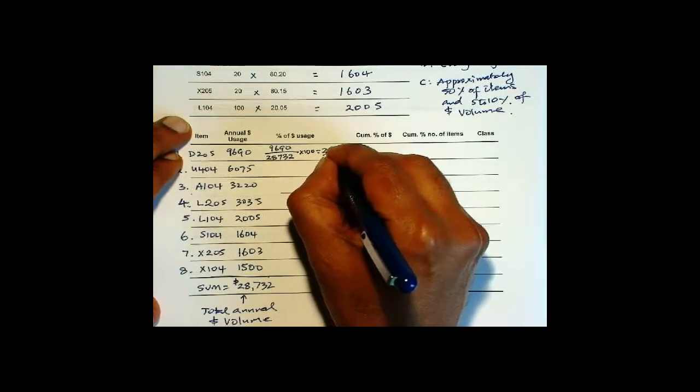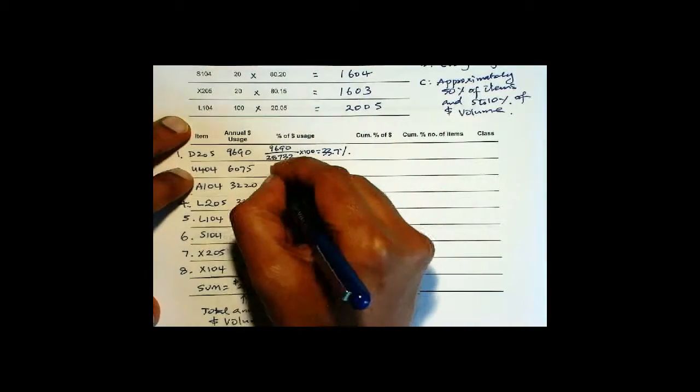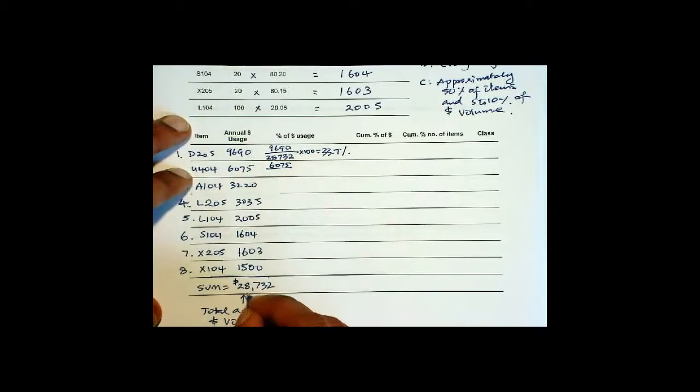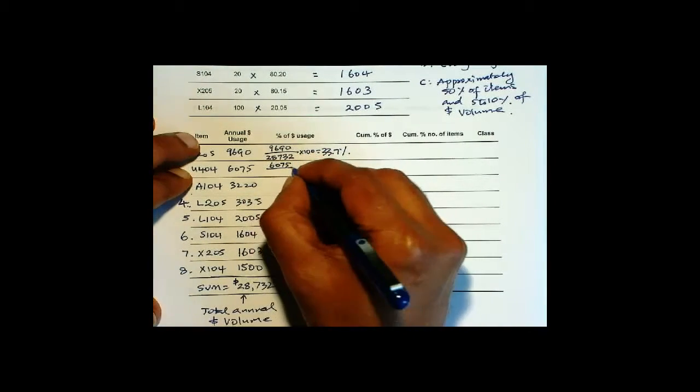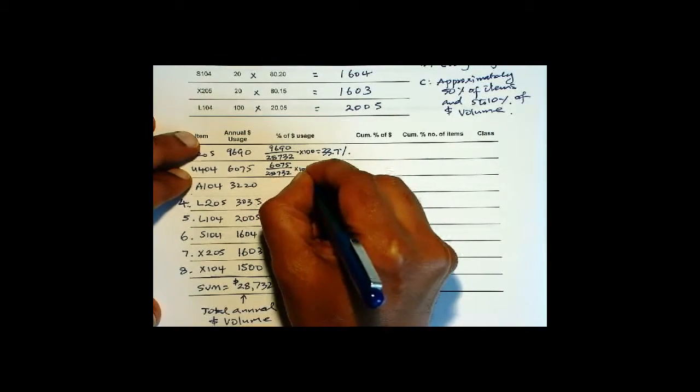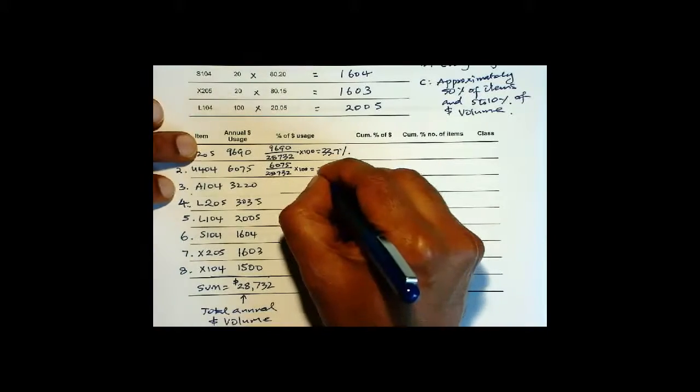So that will be 33.7%. We do the same thing here: 60.75 divided by the total dollar volume, 28,732, times 100 will give you 21.1%.